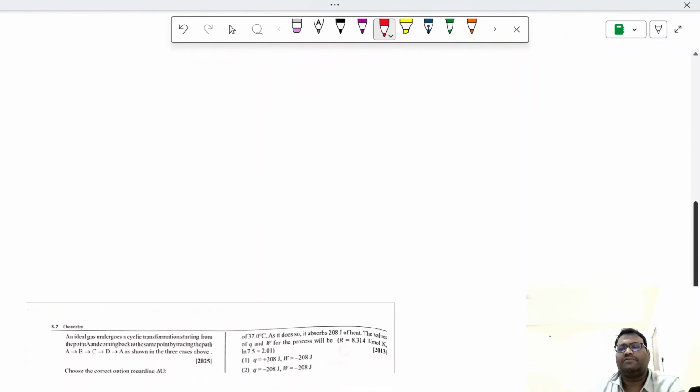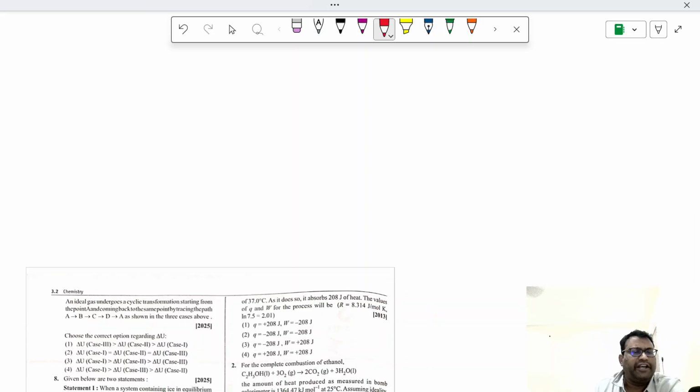The question asked is, an ideal gas undergoes cyclic transformation. So the processes given there are cyclic processes. Already by looking at the graph, we can find that they are cyclic processes, starting from point A and coming back to the same point by tracing the path A to B, B to C, C to D, D to A, as shown in the 3 cases above.